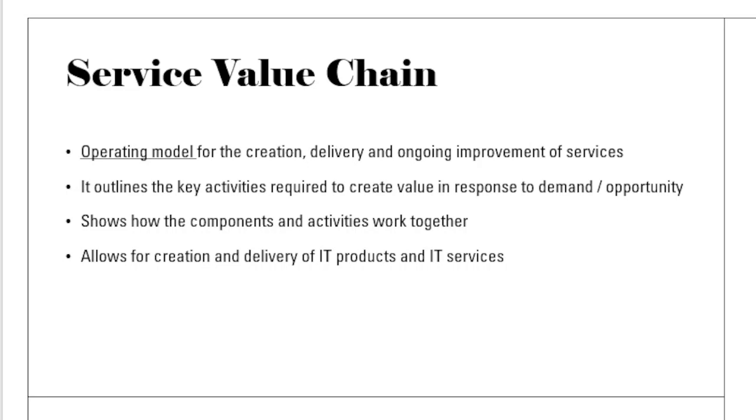An easy way to remember that is PIDOD. P for plan, I for improve, E for engage, D for design and transition, O for obtain and build, and D for delivery and support. But the service value chain, very much ITIL 4, shows how all the components and activities work together, and that allows for the creation and the delivery of IT products and IT services.